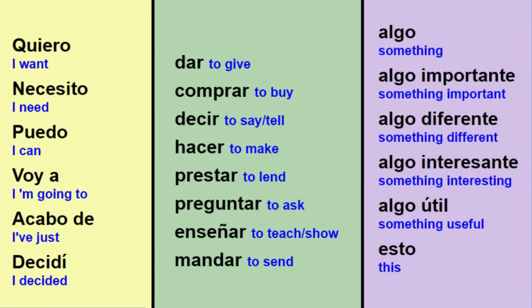Quiero hacerle algo útil. And how about, I'm going to give you this. Voy a darte esto.